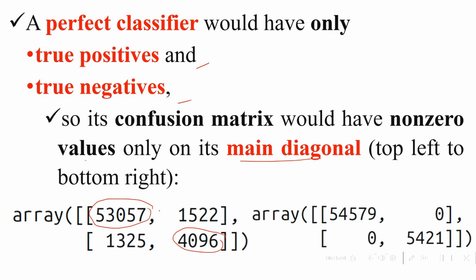The diagonal values show the true negatives and true positives, and above and below the diagonal must be 0. Like that you have to develop your model.